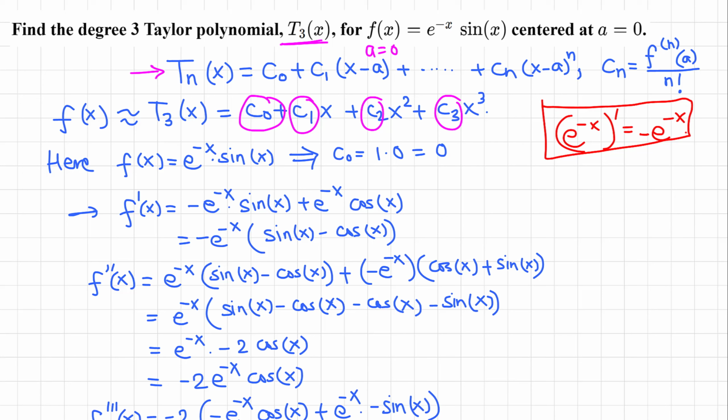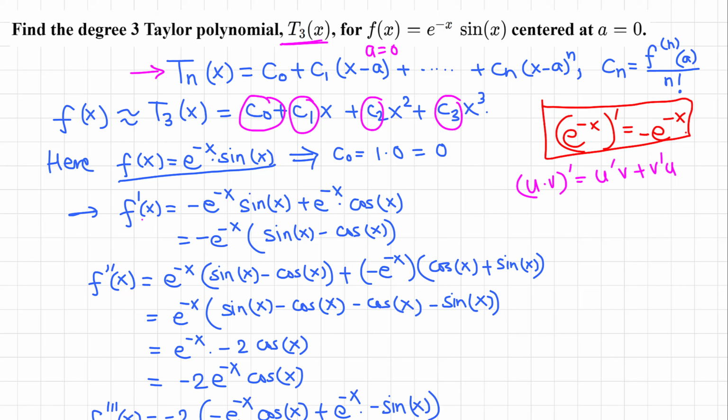So we are finding the derivative of this function using the product rule: derivative of the first factor, leave the second alone, plus leave the first alone times the derivative of the second, which is cosine. When you have a product, the derivative is u prime v plus v prime u, the product rule.